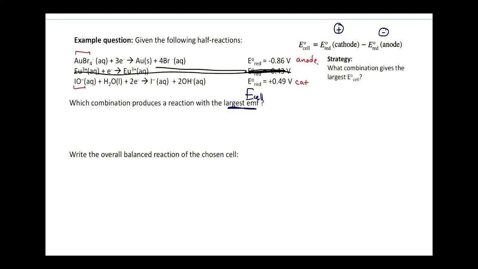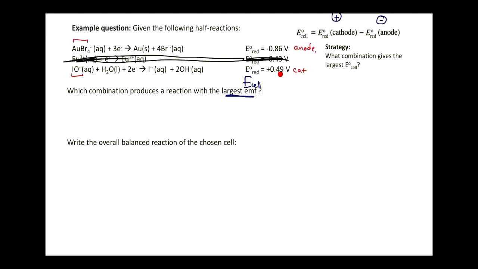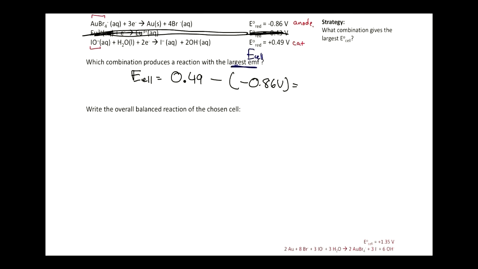What we see is that a positive number minus a very negative number gives us a very positive number. So E cell will be equal to positive 0.49 minus negative 0.86 volts. This combination gives us a nice voltage, positive 1.35 volts.